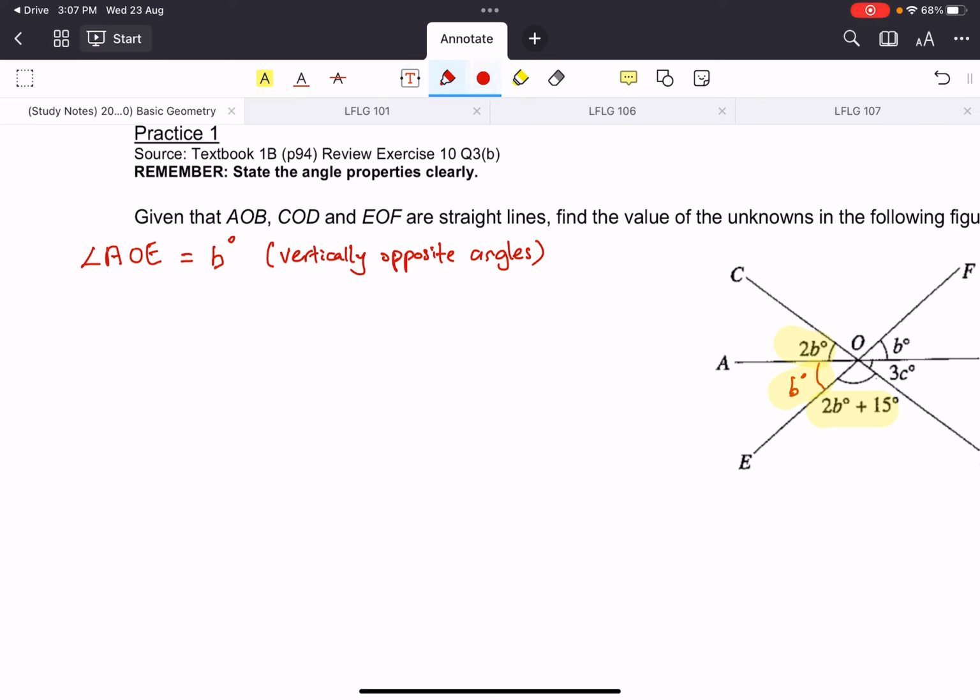So let's do it. We have 2b degrees plus b degrees plus 2b degrees plus 15 degrees equals 180 degrees. Please remember to provide the reason. In this case, it is angles on a straight line.